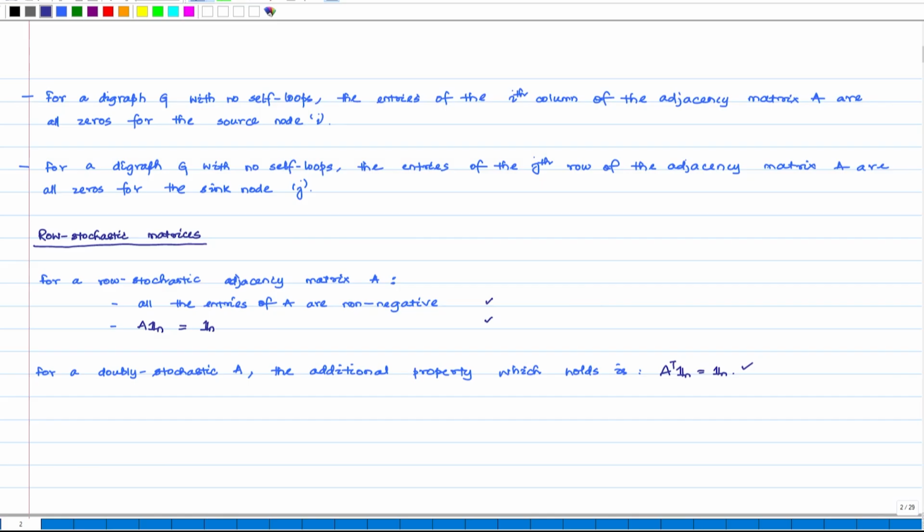Now, let us look at some properties which are associated with the powers of the adjacency matrix and how exactly they are related to the walks in the graph. Here we will focus only on adjacency matrices which are non-negative in nature.